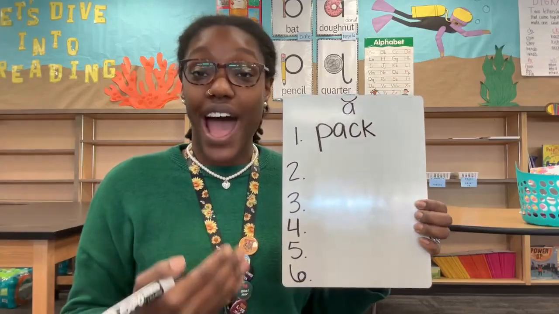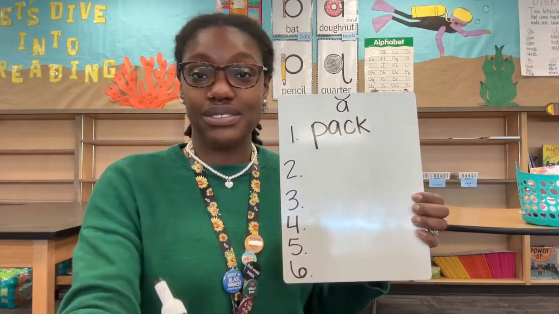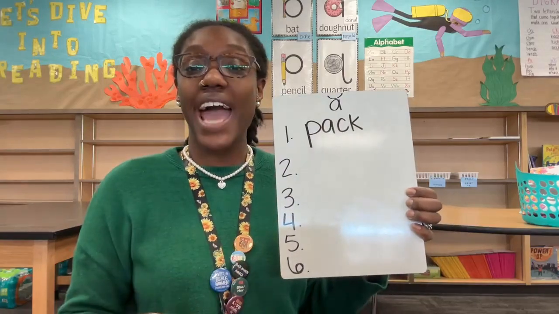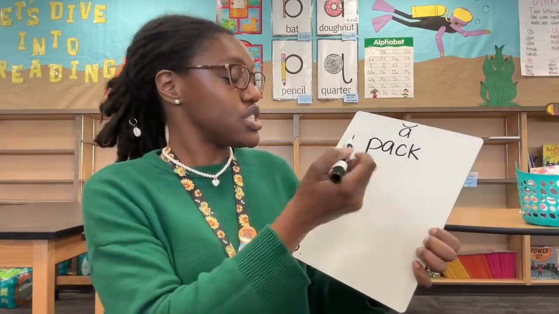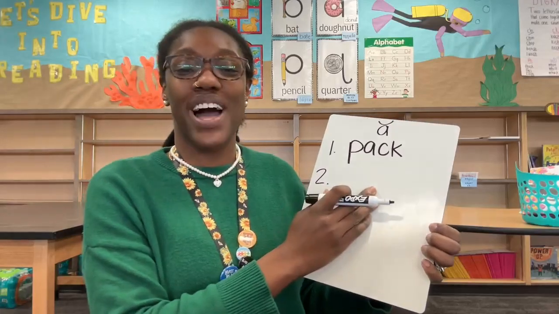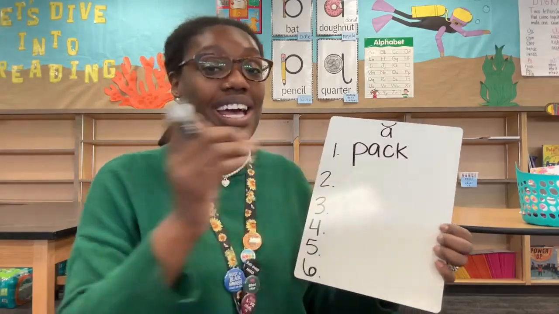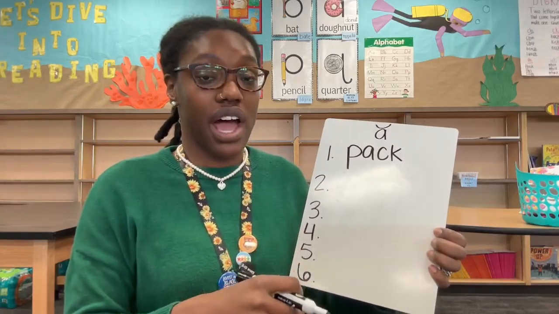Now, without changing the word in number 1, make pack say back. And so students, without changing number 1, will have to make pack say back. Again, depending on the student or the skill level, you might have to break it down even more.